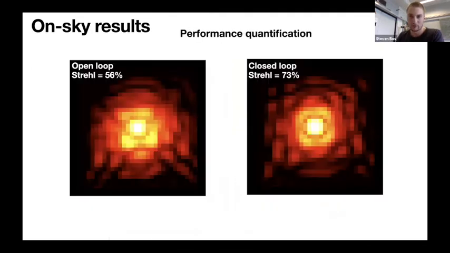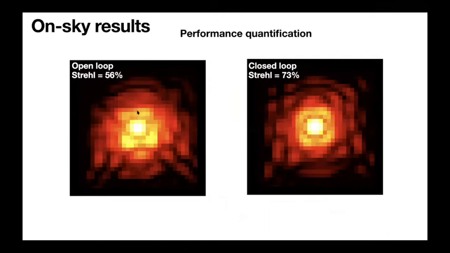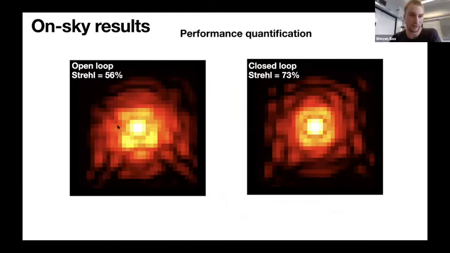If you want to quantify this, this is the long-term PSF in the open loop. You see that the PSF is quite distorted. You see a few lobes and the Strehl is 56%. And when we close the loop with Fast and Furious, the Strehl raises by 17% to 73%, and the PSF looks much more symmetric. So this shows that Fast and Furious was able to correct for this.